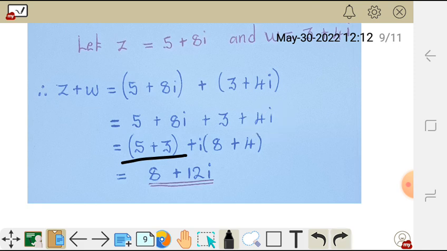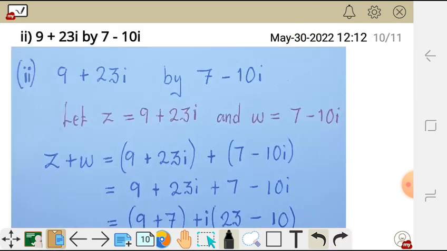If you factorize i, we are going to have 8 plus 4, which is 12i, and the real part is 8. So our answer for those two complex numbers will be 8 plus 12i.